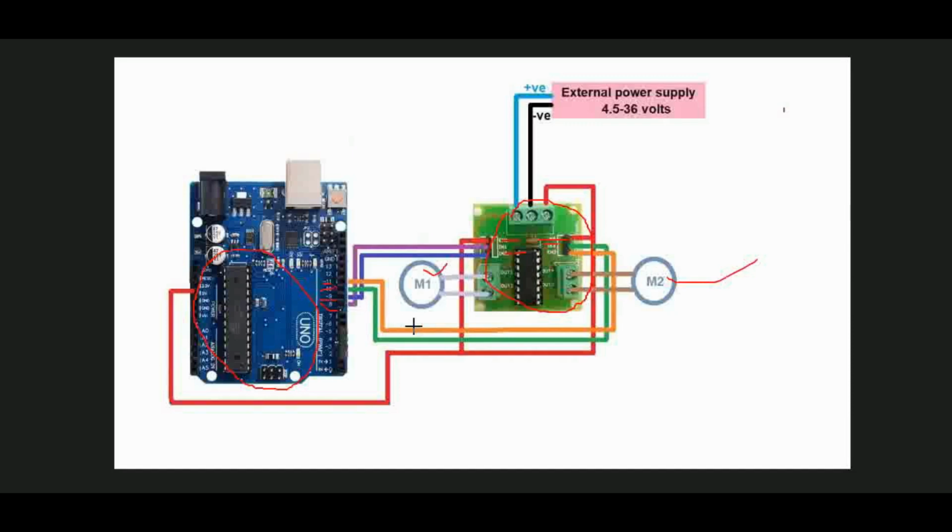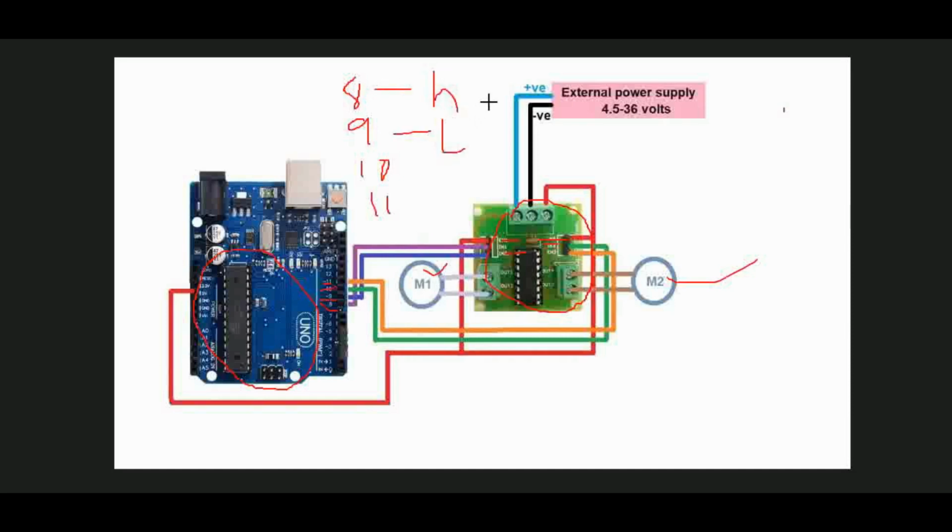So how we are going to implement this forward logic is, we have four pins: 8, 9, 10 and 11 of the Arduino Uno. For the basic forward movement, for example, if we are moving M1 forward, we have to enable pin 8 as high and pin 9 as low.